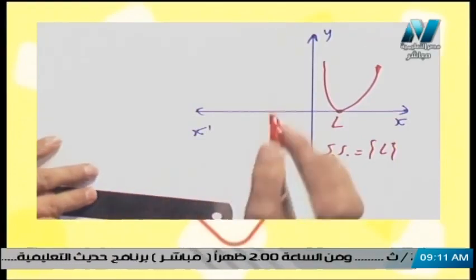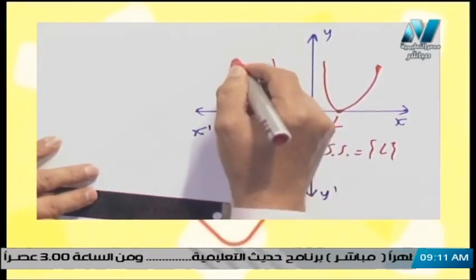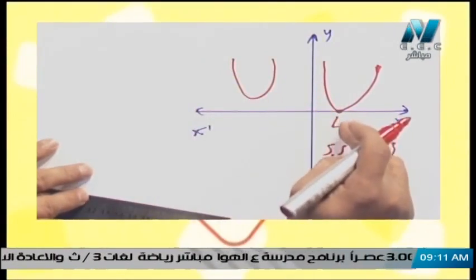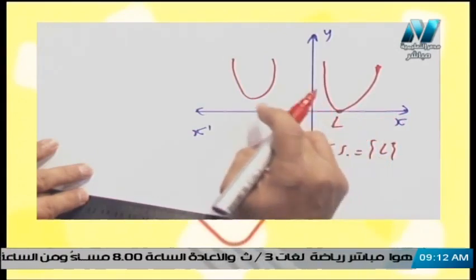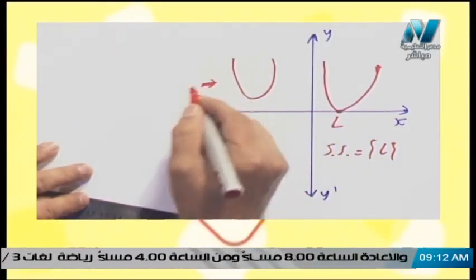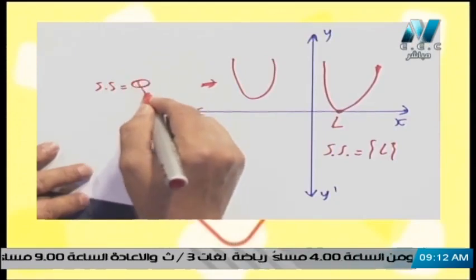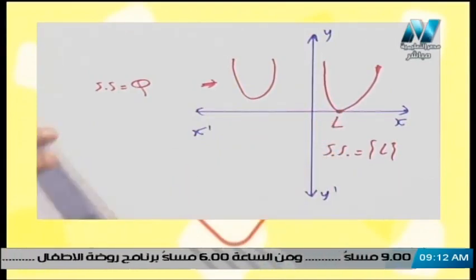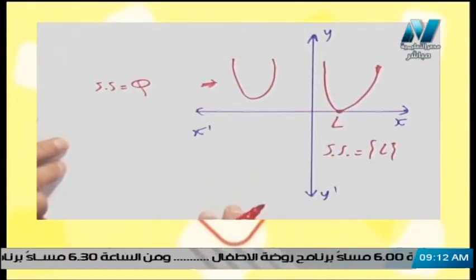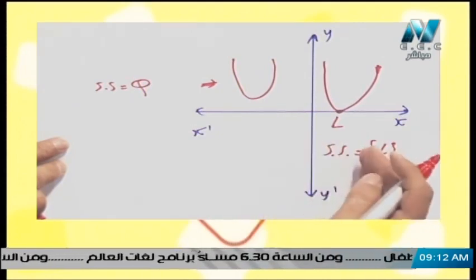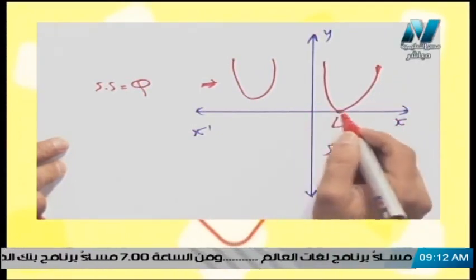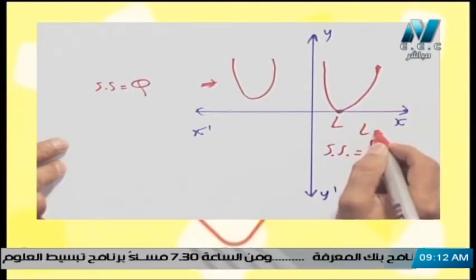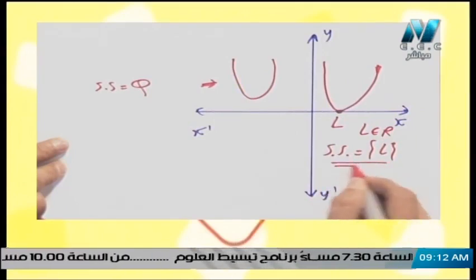And also if we have a graph like that, here the graph doesn't intersect the x-axis at any point. That means its solution set in R will be phi, because it doesn't intersect the x-axis at any number. So we have three cases. One of them intersects the x-axis at one point like that. Say this number is L and L belongs to R, so the solution set equals {L}.